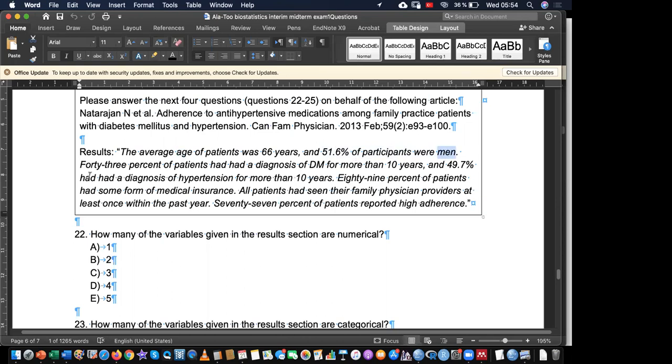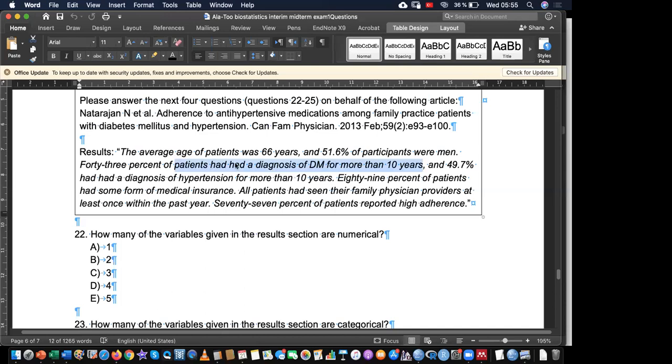No. 43% of the patients had diagnosed diabetes mellitus for more than 10 years. So, being diagnosed with diabetes, is it a numerical variable? No, it is categorical. Are you diagnosed with diabetes for more than 10 years?